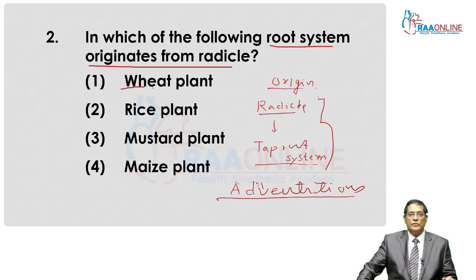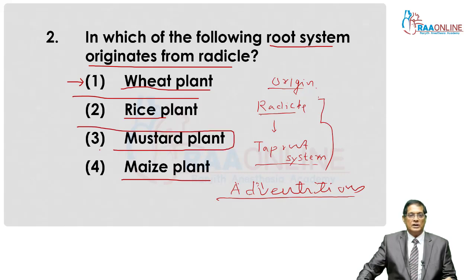Wheat is a monocot, and in wheat the root is adventitious. It arises from the base of the stem in a cluster, but not from the radicle. Same with rice and maize. So the answer is the mustard plant.